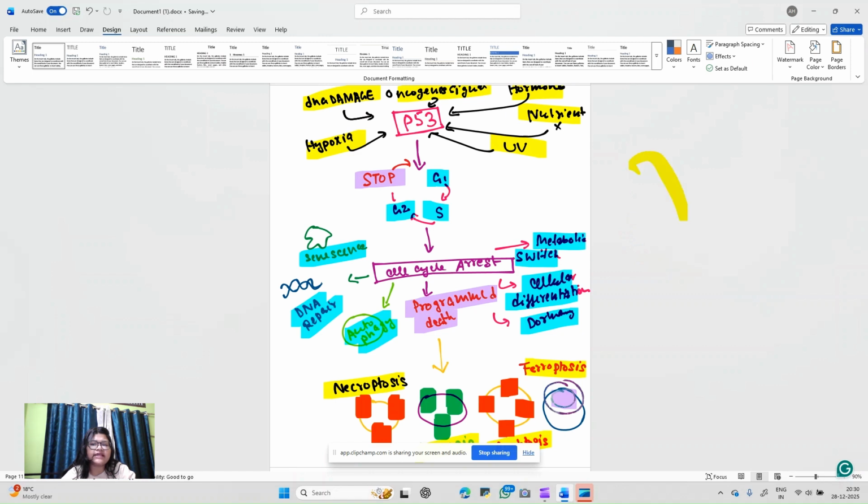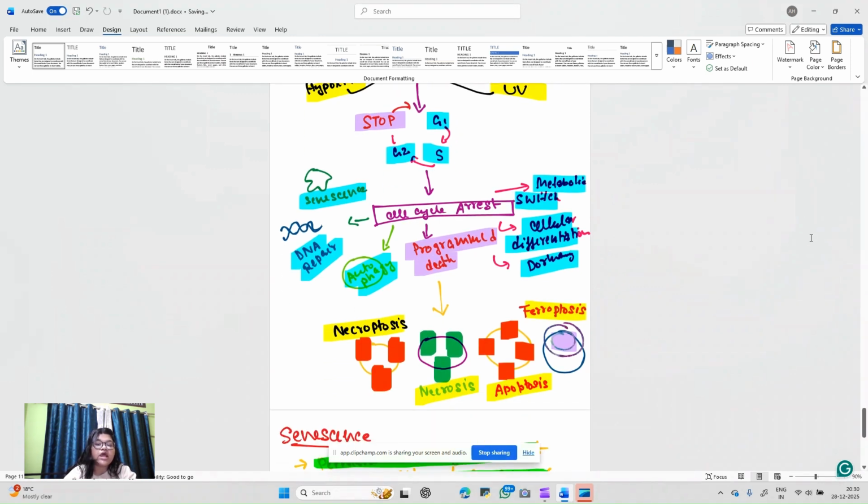Then there is a cell cycle. You can see the cell cycle clock here, and then we have all those metabolic pathways. What happens when the cell cycle gets arrested? There is programmed death, and what happens in programmed death? There will be necrosis, there will be apoptosis, there will be ferroptosis, there will be necroptosis.